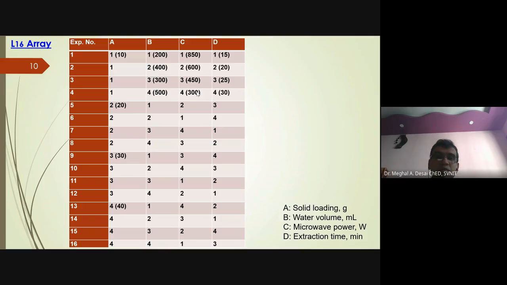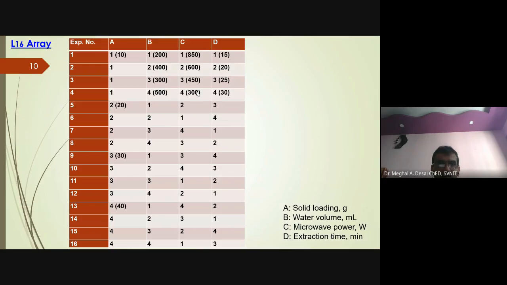Because what will happen if you start the experiment, and after performing 5 or 6 experiments, you find that a particular situation is not possible? This is very critical, so you have to be very careful about this situation.